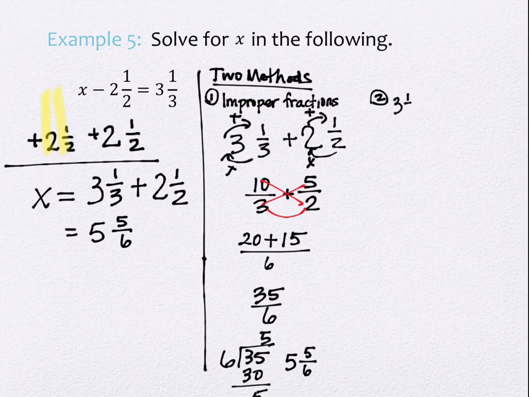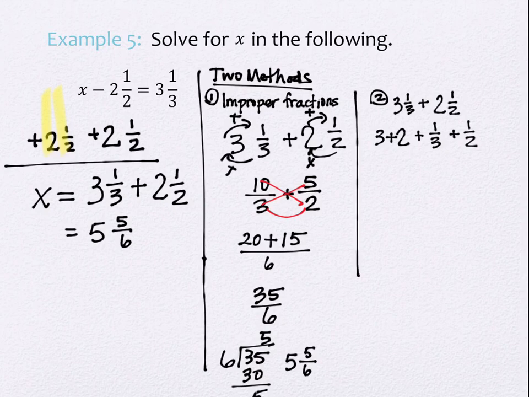Again, I had 3 1/3 and I have 2 1/2. I would separate them. I would put the 3 and the 2 together because it's 3 wholes and 2 wholes. And then there's a 1/3 and a 1/2, and I put them at the end. Not because it's the beginning and the end per se, but because I'm grouping whole number pieces together and fractional pieces together. So the 3 and the 2, of course, is 5.